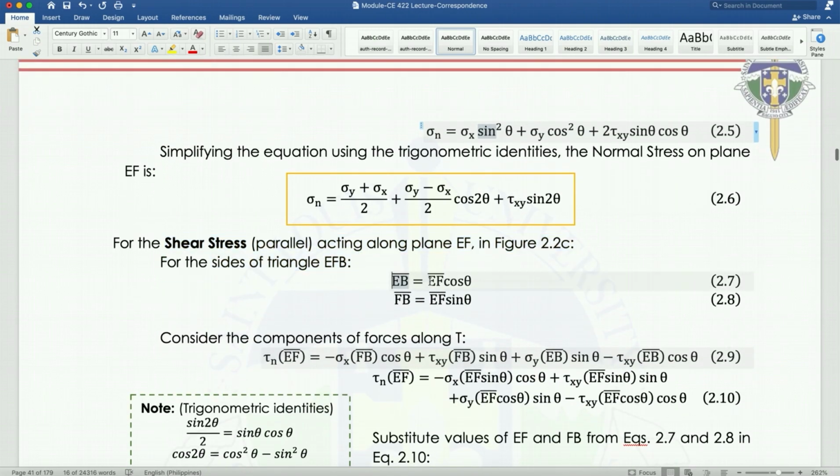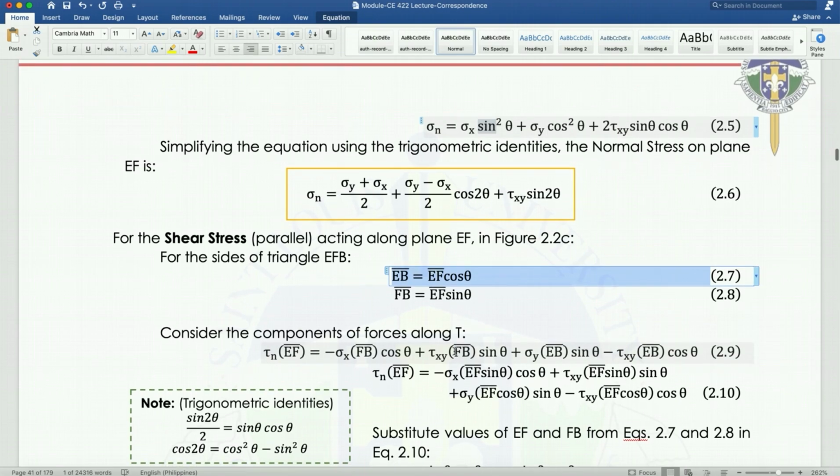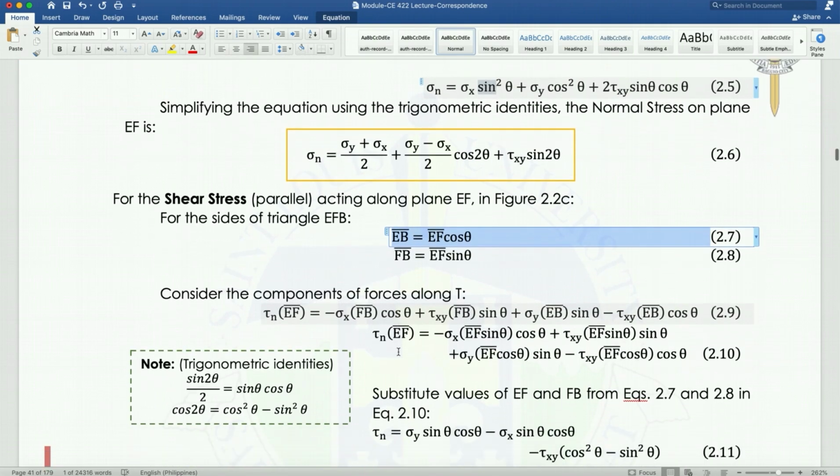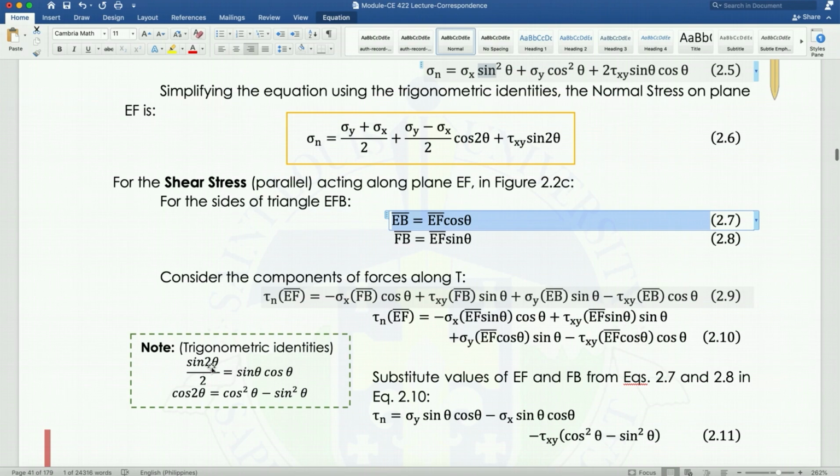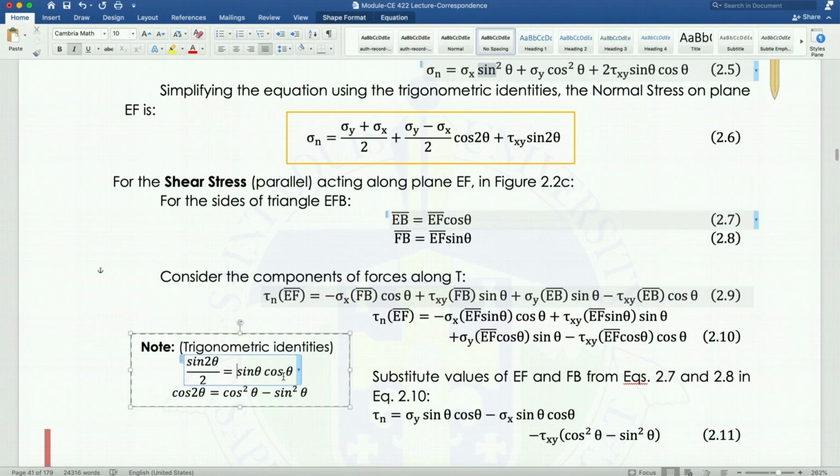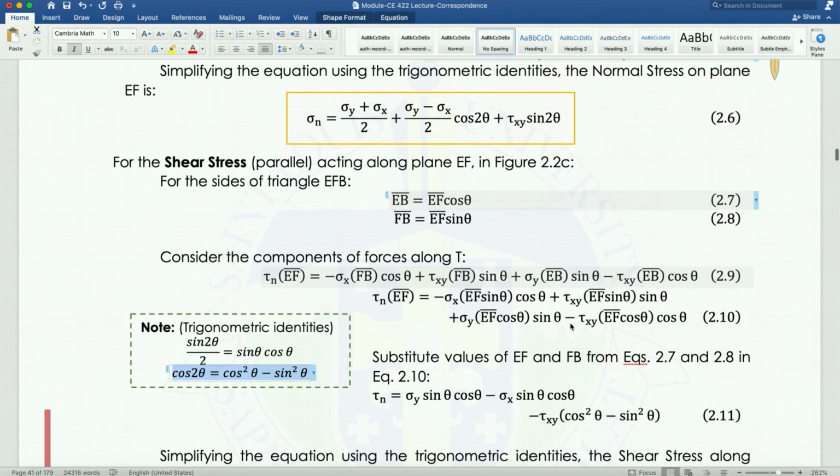And nakuha na rin naman natin itong EB is equivalent to EF cosine theta. FB is equivalent to EF sine theta. Okay, so this time, ang gagamitin naman nating trigonometric identities would be sine 2 theta over 2 is equivalent to sine theta cosine theta. And cosine 2 theta is equivalent to cosine theta squared minus sine theta squared.